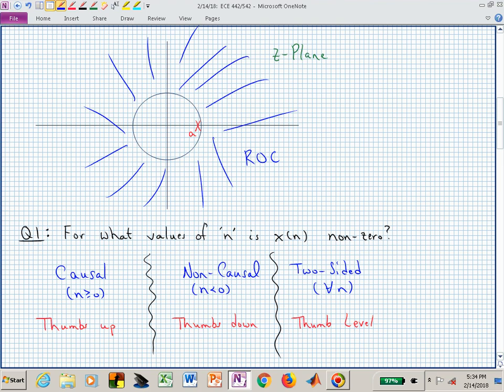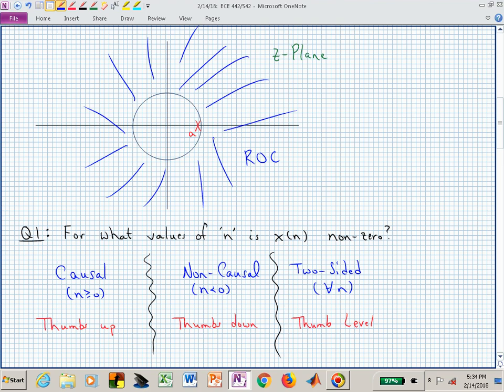That's a thumbs up. Are those values negative? That's a thumbs down. Or is it both values of n, positive and negative? Then that's a thumb like this. And I don't care if it's to the left or to the right, as long as your thumb is level. Okay? Because it's really two-sided.